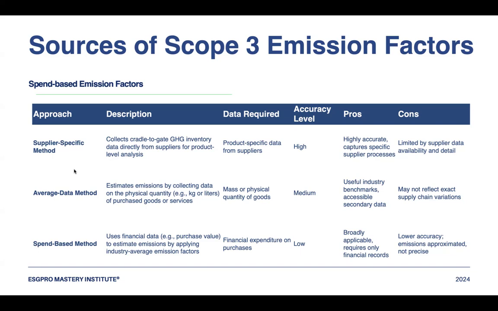The spend-based method is in rupee terms or dollar terms, right? People will give you that from their ERP system. In this case, you use financial data, basically the purchase value of how much raw material he is purchasing, like silica or tungsten, or if I'm talking about a chipboard, then the green color boards or the circuits which are drawn, ink of those, etc. He will give you all that, and now it is your headache to get it calculated.